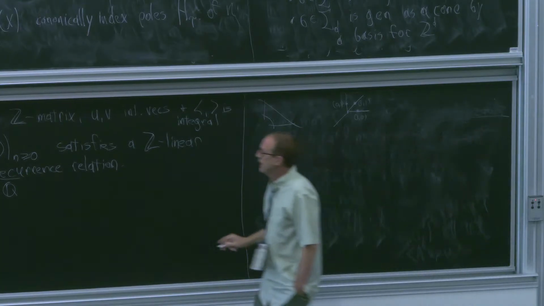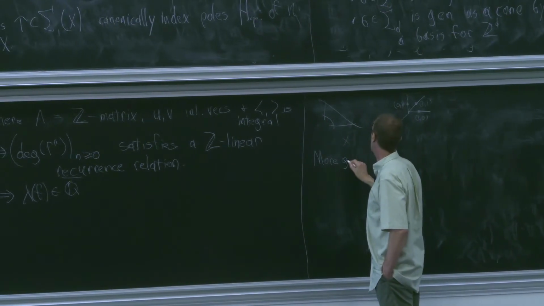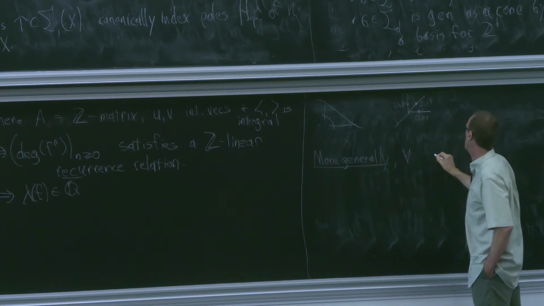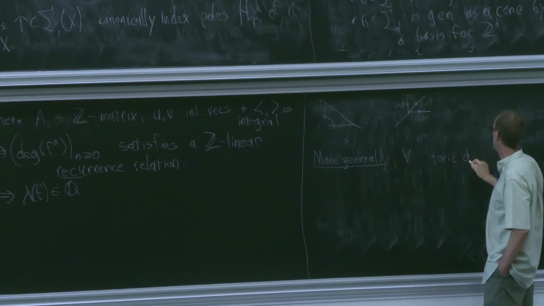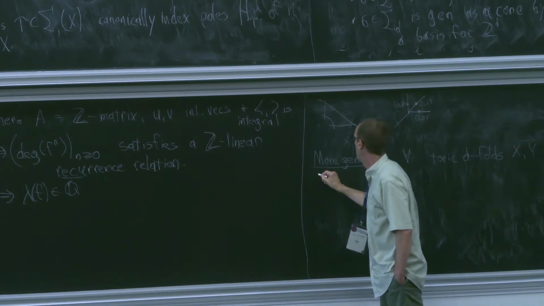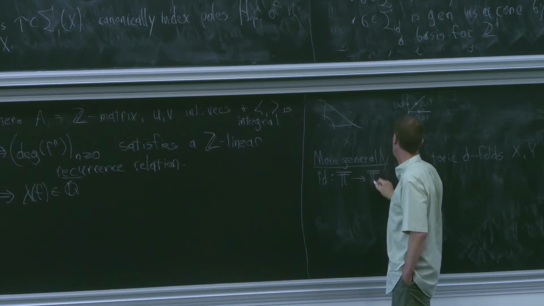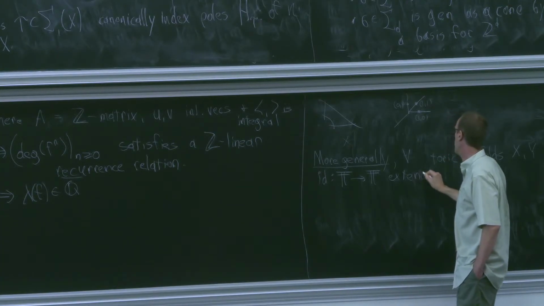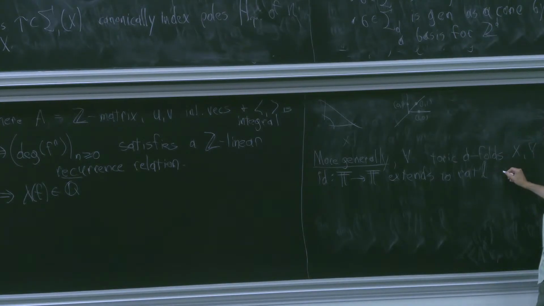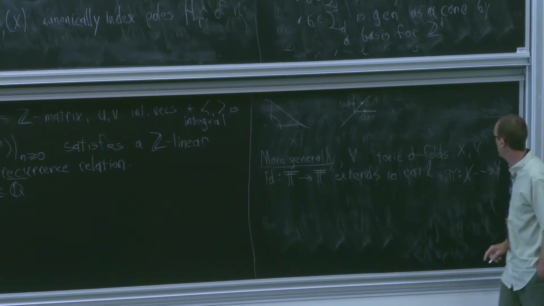So in general, if you take any 2 toric d-folds, X and Y, and you take the identity map on the torus, this extends to a rational map. I'll call it pi. It's not really a morphism in general.